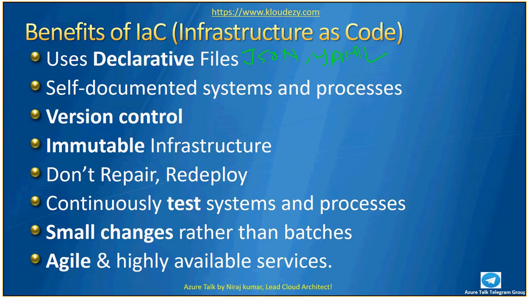But with declarative files, the benefit you get with JSON or YAML or applications like Chef or Puppet is that you just give the end result. Like you need a particular port open. How to open that port will be taken care of by that particular engine. If we talk about an ARM template, that will be taken care of by Azure Resource Manager itself.